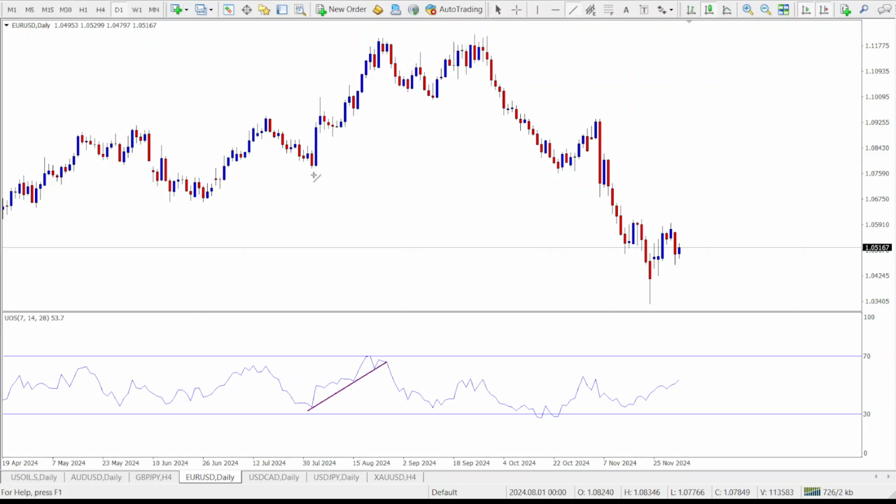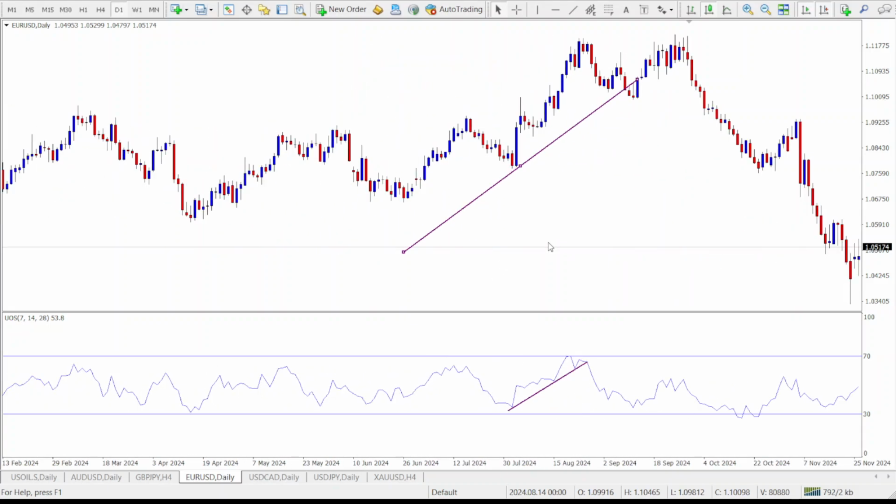As we can see here, we had bullish momentum while the indicator was trending upwards. Then when it gets to the 70 level, it shows an overbought condition, meaning that a bearish reversal could be imminent.